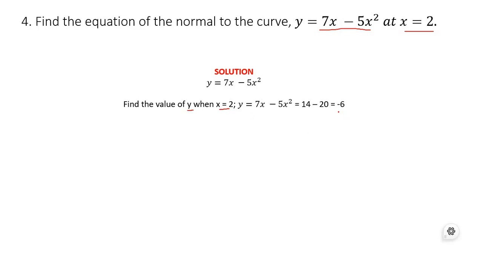I did, and I have minus 6. After which we find the slope of the tangent to the curve.